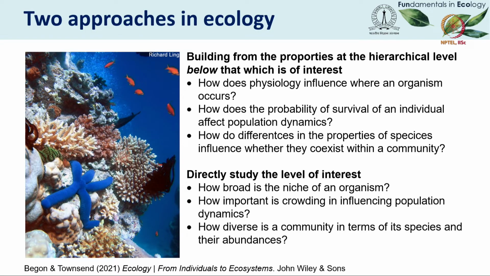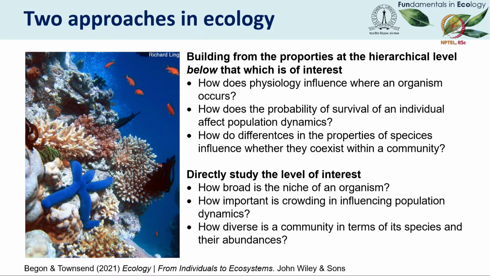At the level of the population, if you're asking a question like, how do population dynamics occur? Why do some populations increase in size, others decrease in size? Why are there cycles in population size where population size grows during some periods and decreases over other periods?